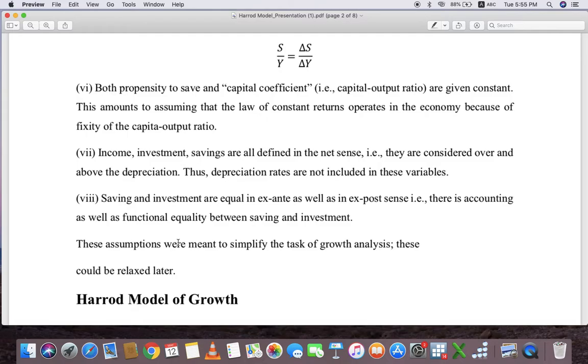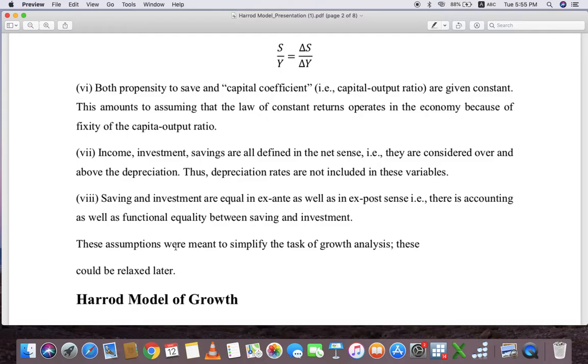Saving and investment are equal in the ex ante perspective and the ex post perspective. That is, in the accounting sense there is equality between saving and investment, and in the functional sense also there is equality between saving and investment.